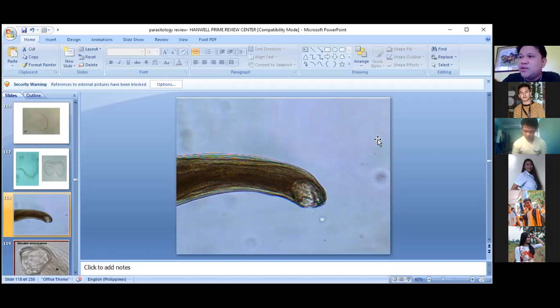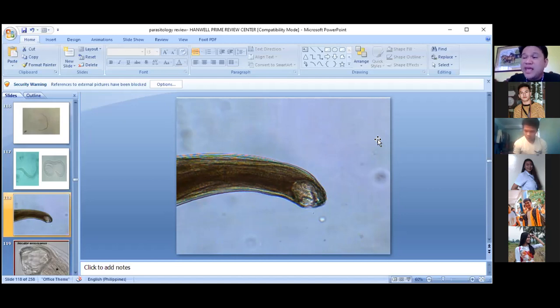You place it in a closed setup. Maintain it at 28 degrees Celsius. That came out in the board exams, mga anak: 28 degrees Celsius for the temperature of the Harada-Mori filter paper culture test. What is expected is that the filter paper will absorb the water, which allows the hatching of the ova, and then the rhabditiform larva, because that's the motile stage, will proceed to the water.